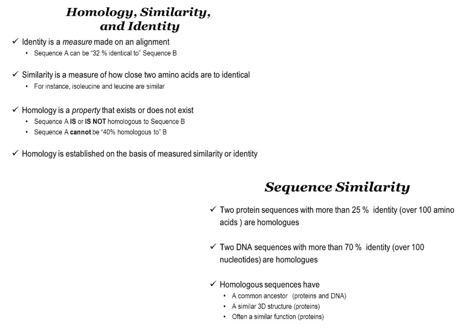So, what are homology, similarity, and identity? In simple terms, identity is when you have a character, say A, that stands for the amino acid alanine, and in the next sequence the same position must also strictly consist of alanine.